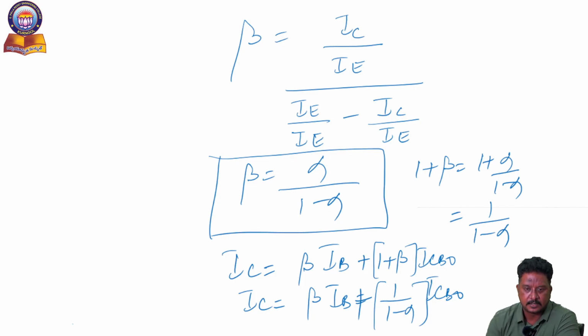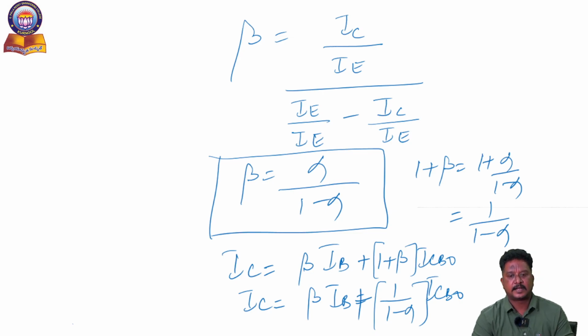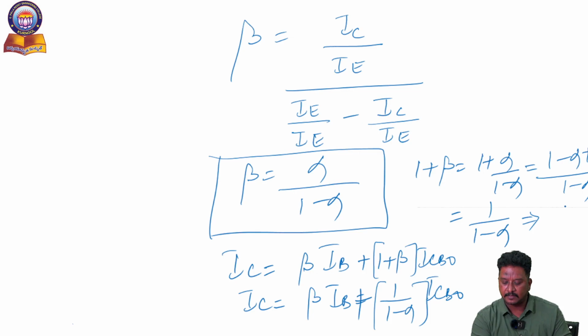Now I am trying to differentiate this current equation with respect to IC naught, so that I can find out the stabilization factor. So 1 plus beta is concluded as 1 by 1 minus alpha. This can be concluded as (1 minus alpha plus alpha) by 1 minus alpha, which equals 1 by 1 minus alpha. So in this place, 1 plus beta will be concluded.